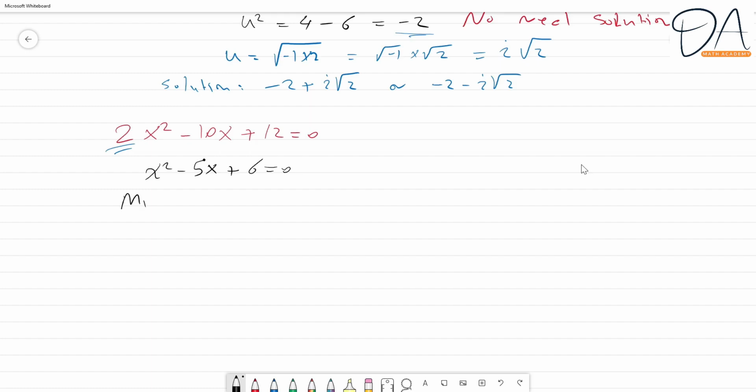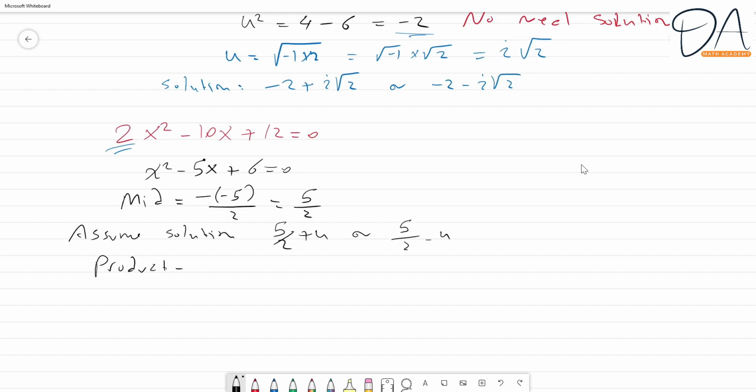So here, the midpoint will be minus p over 2, so this will be minus minus 5 over 2, or 5 over 2. And then we assume the solution to be midpoint plus u, or the midpoint 5 over 2 minus u. The other thing we know is the product.